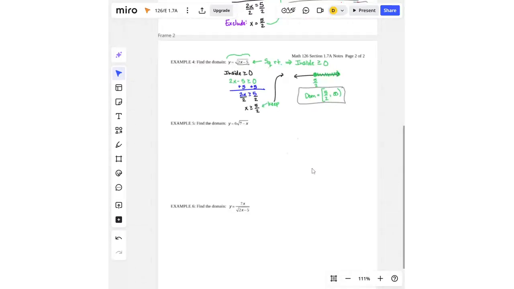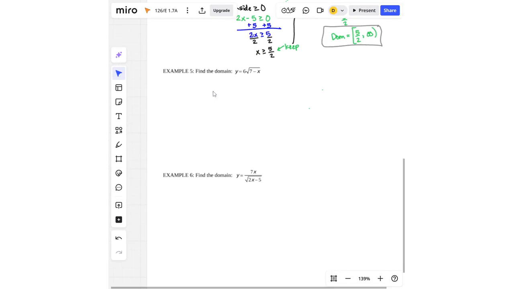All right, so at this point, go ahead and try example 5. You can try example 6 as well. So pause those and try it. And I'm going to go ahead and talk through this. So example 5, my directions say to find the domain. I'm going to look at this expression and I'm going to think we have a square root. So as soon as we have a square root, I know that that means the inside must be greater than or equal to 0.